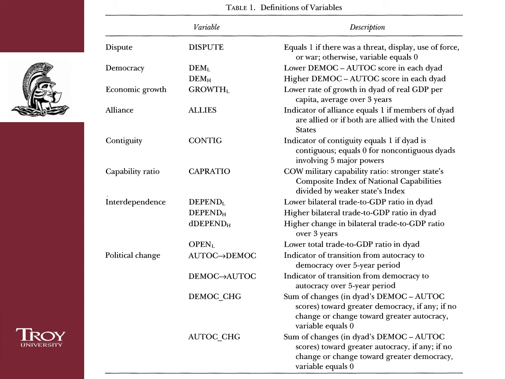Economic growth, they have a whole thing, right? They talk about growth sub L, what's the lowest rate of growth in the dyad, right? And there, to understand why they're doing it, though, you have to go back to the theory, right? They say, look, the theory is that states that are growing well are happy with the system and don't want to upset the cart, right?